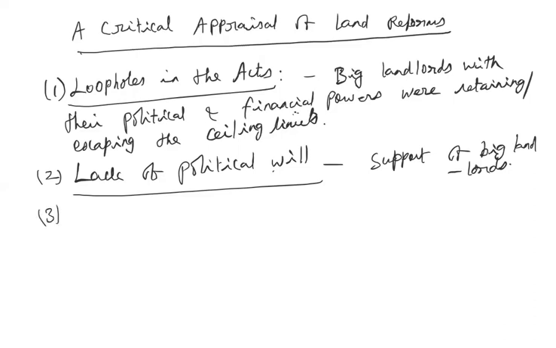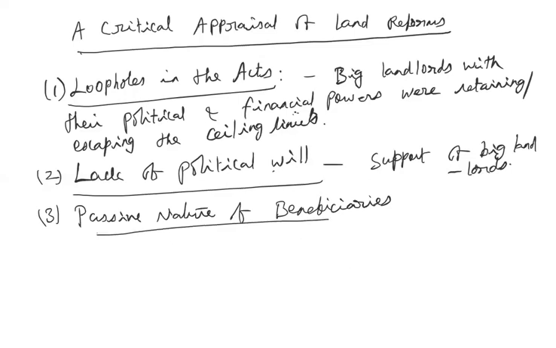Then the third one is the passive nature of beneficiaries. Who are the beneficiaries here? Basically the poor, small and marginal farmers and the landless laborers. Most of them are illiterate, ignorant, and not aware of what their benefits should be. Because of that illiteracy and ignorance, they could not voice their opinions.